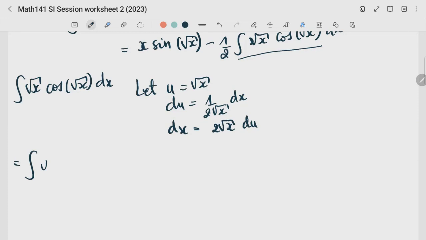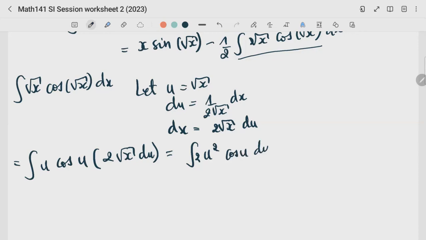So we have u times cos u, and dx is 2 root x du. So we know that root x is u, so we have the integral of 2u squared times cos u du. All right.